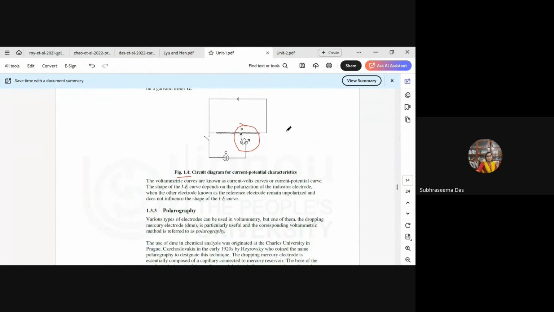Voltammetric curves are known as current volt curves or current potential curves. They are also called IE curves, depending on the polarization of the indicator electrode. Whenever we come across the term IE curve, that is the current potential curve, we should understand that these are all voltammetric curves.